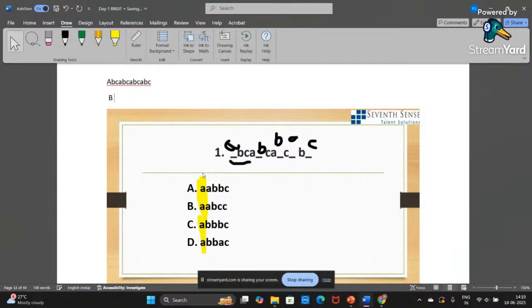I'll type B, C, A. B, C, A, C, A, C, B. Yes, right. So let us copy this three times.